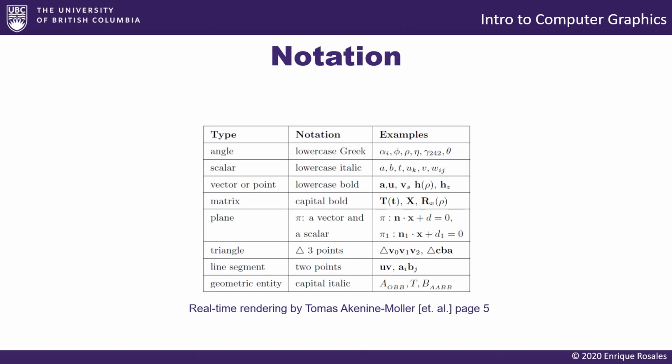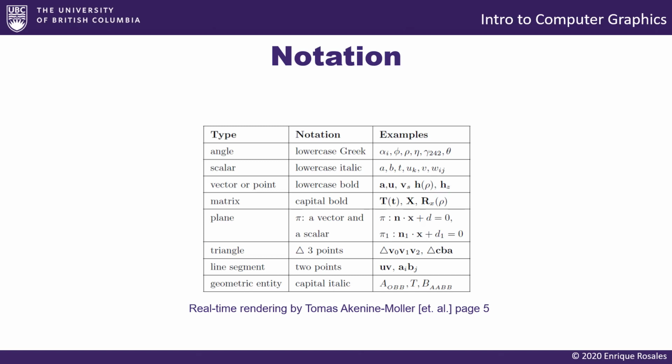So let's start by saying that the notation that I will use on most of the lectures is this one for angles, scalars, vectors, matrices, planes, triangles, and everything. This is a notation that appears on page 5 from the book Real-Time Rendering by Tomas Akenine-Möller. So if you want to, please go and check that page.